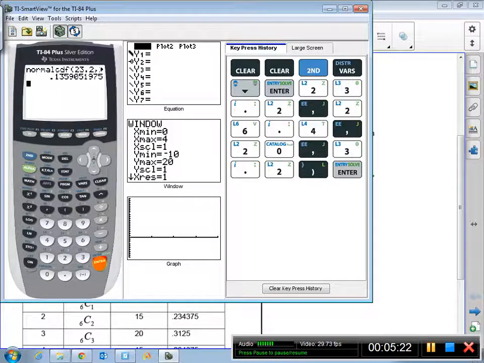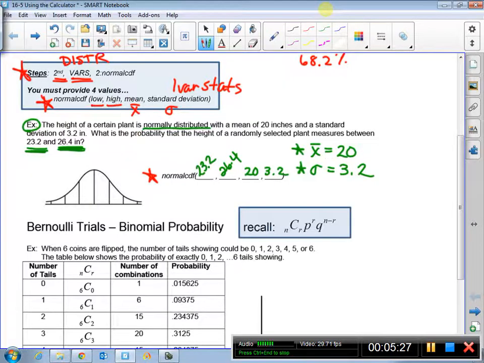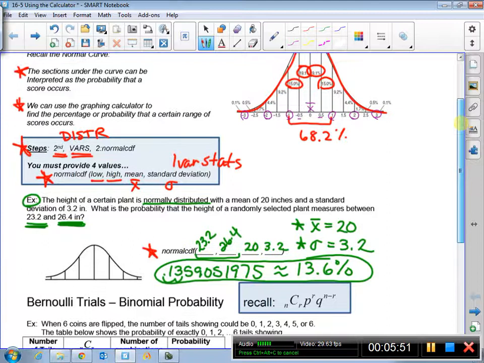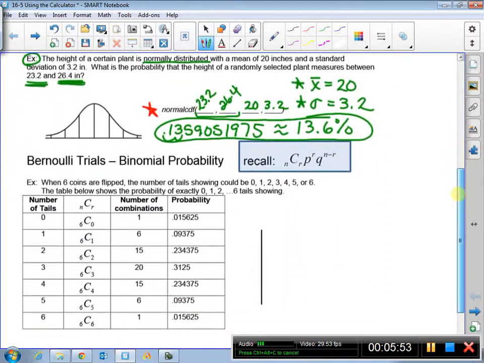So this says that the probability that we get plants between these inches here is going to be 0.1359051975, which is, let's see, we'll say approximately 13.6%. Okay, so there's our probability. Those aren't bad, those are pretty easy.